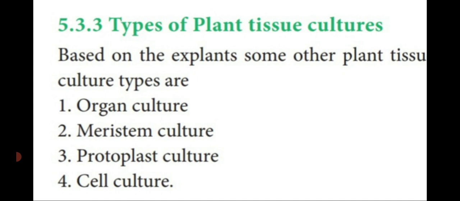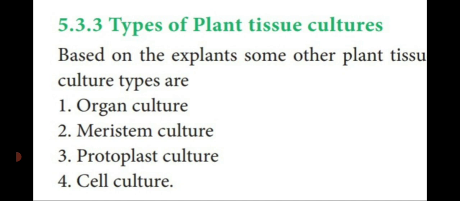Second one, meristem culture. The meristematic tissues are present in the tip of a root, tip of a stem and also tip of the branches. So these meristematic tissues cultured in the plant tissue culture method is known as meristem culture.